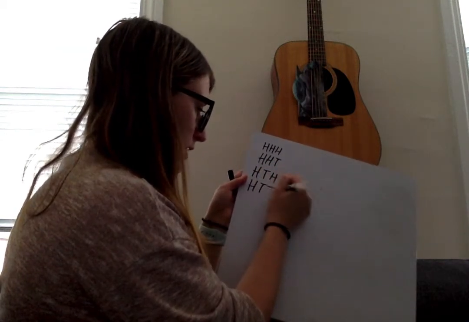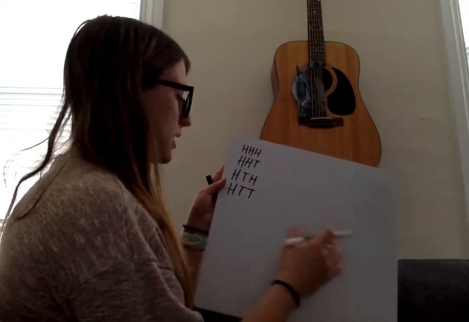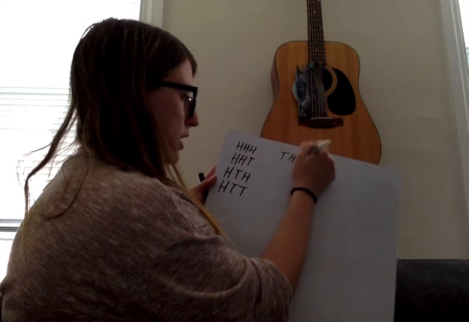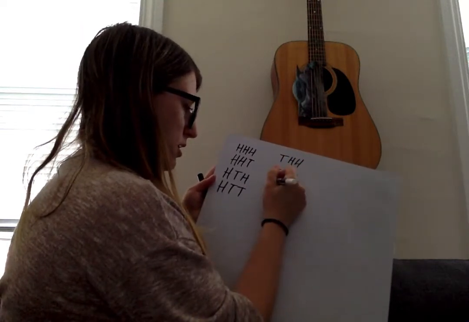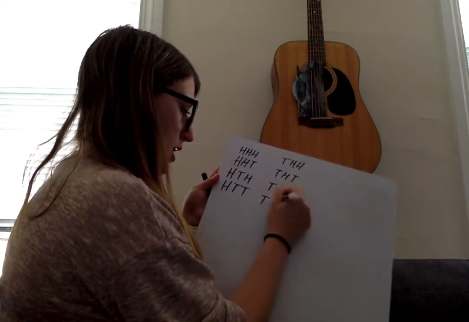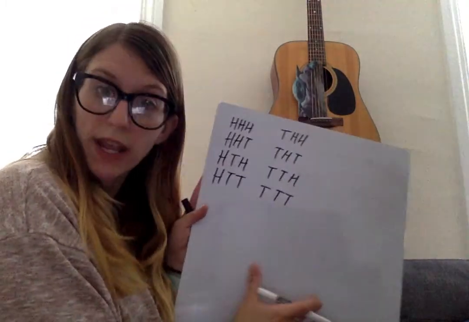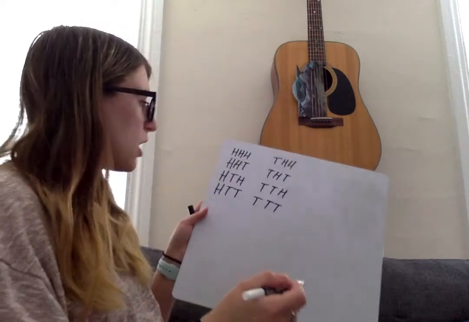Heads, tails, tails. And then tails, heads, heads. Tails, heads, tails. Tails, tails, heads. And tails, tails, tails. So there's 8 total different ways that we can flip a coin and get different events.